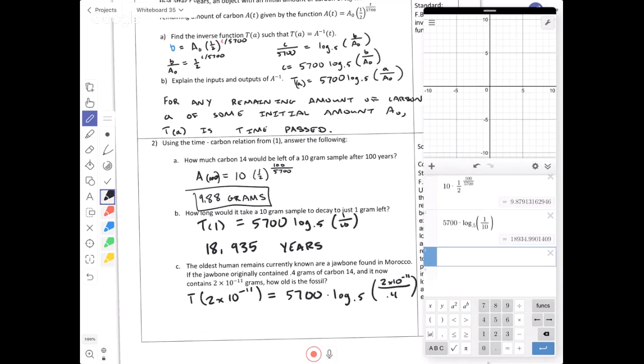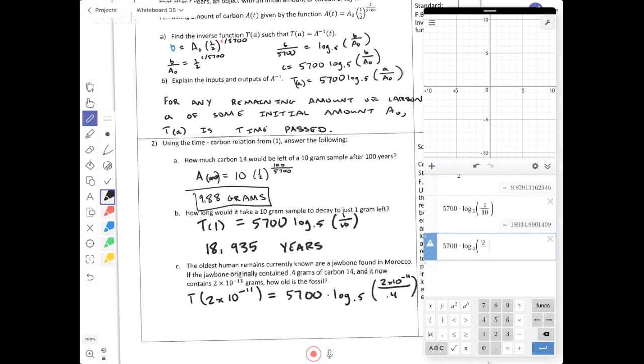So 5,700 times log base 0.5 of 2 times 10 to the negative 11th all over 0.4.